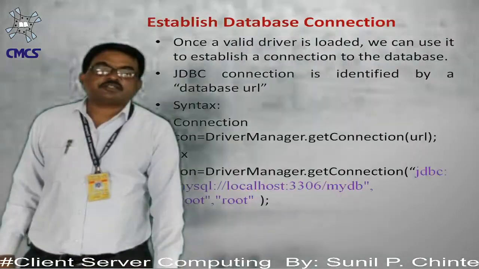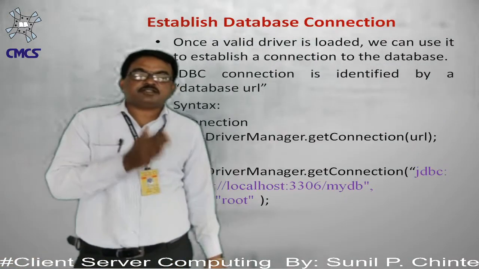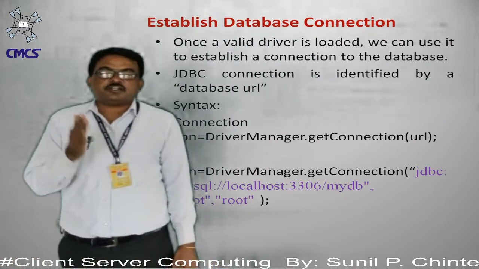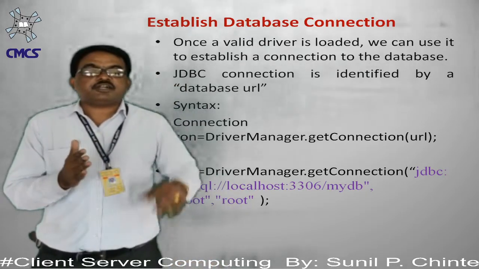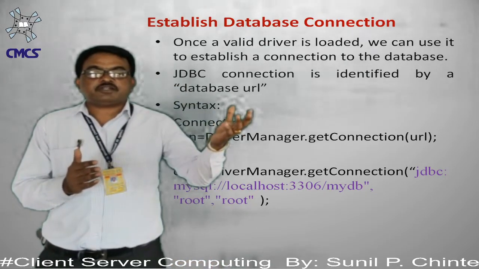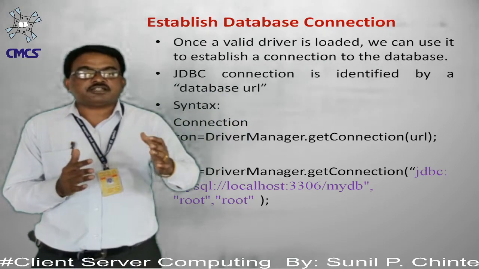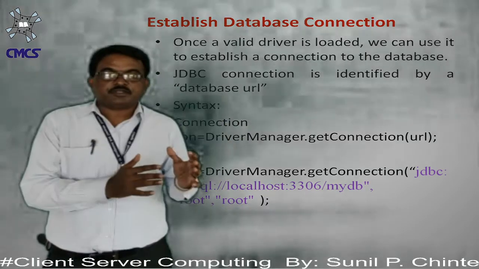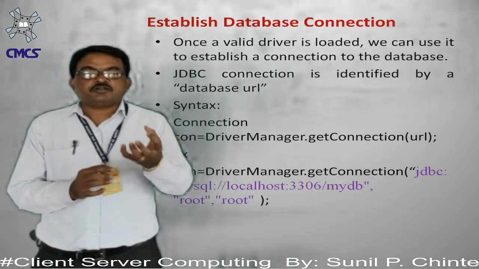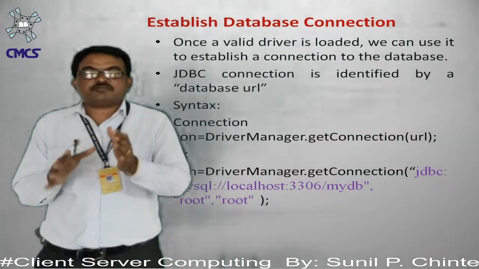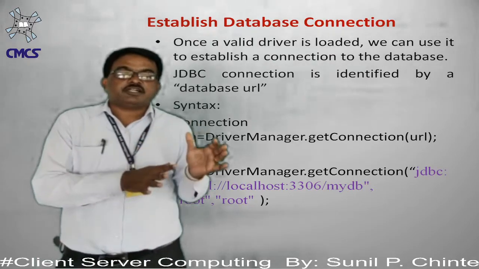Next is to establish the connection. After registering the driver, you can make the connection with the specific database by using the getConnection method. In the getConnection method, you have to provide the exact URL, that is the address of your database.